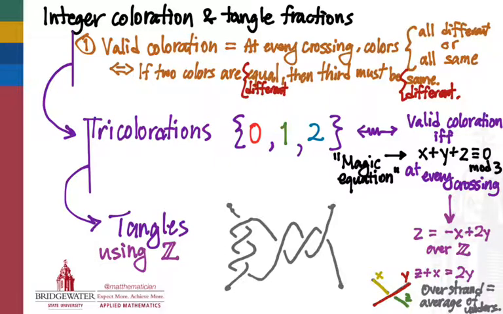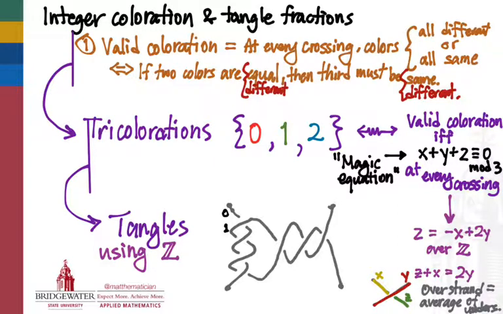All we have to do is get started somewhere. So pick one crossing and give the strands at that crossing any 2 numbers that we like, and then we can get the ball rolling to determine the color numbers. So we're going to think of the numbers as colors in the integers for the whole rest of the strand. The conventional way to get started is to just start with 0 and 1 at the top leftmost crossing of my tangle.